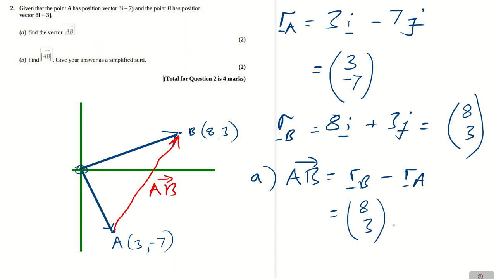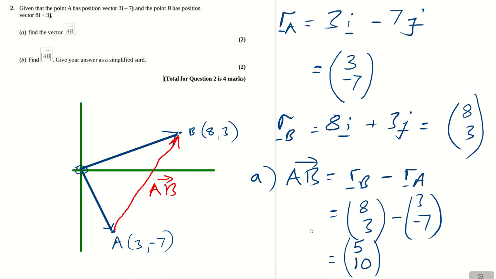So (8, 3) minus (3, -7), and all we do is subtract the numbers at the top. So 8 minus 3 is 5, and the numbers at the bottom, 3 minus minus 7 is 10.